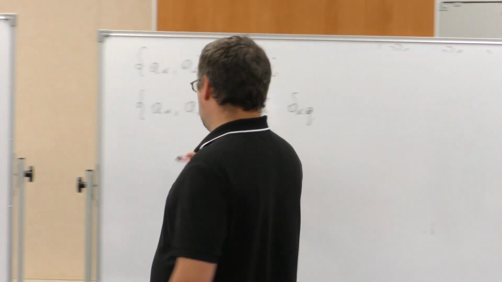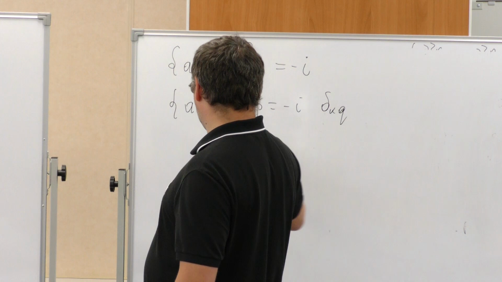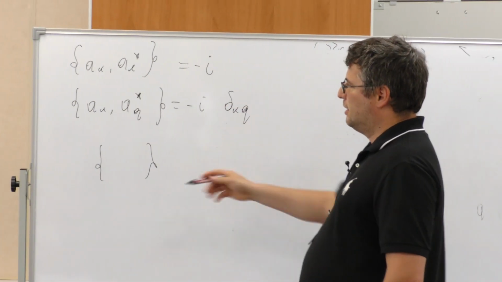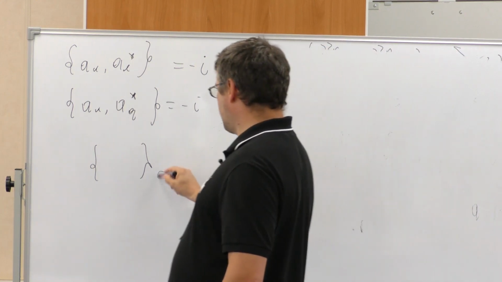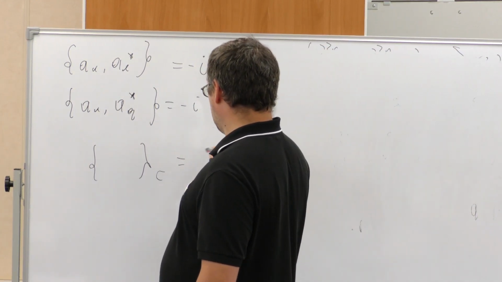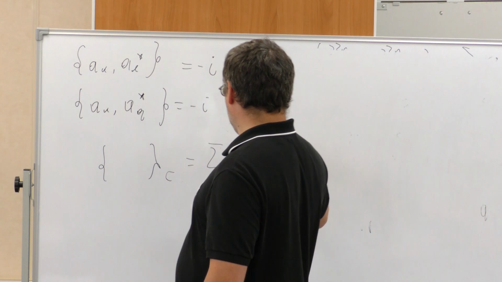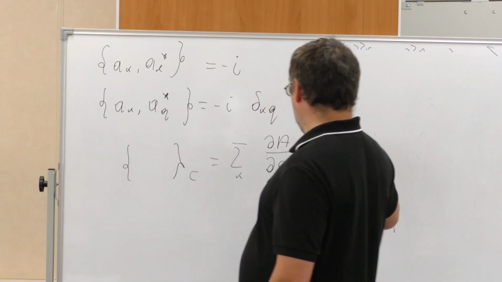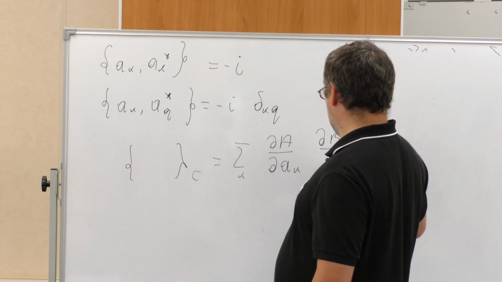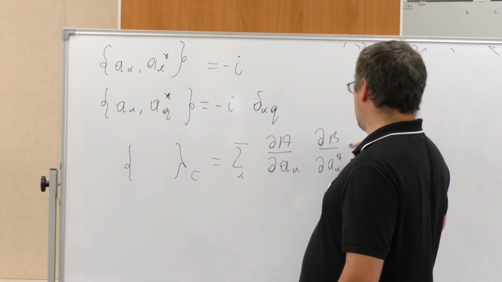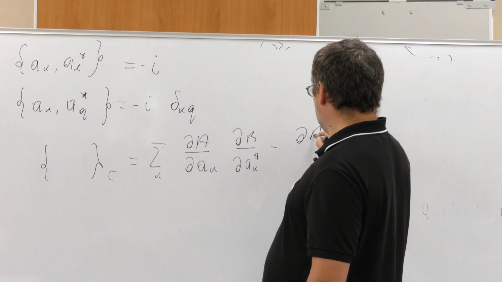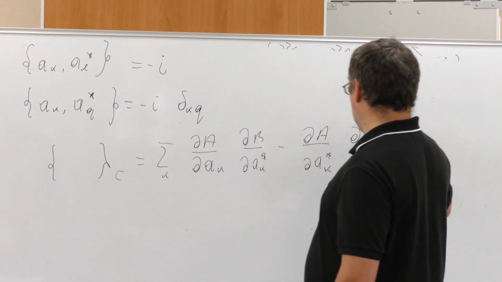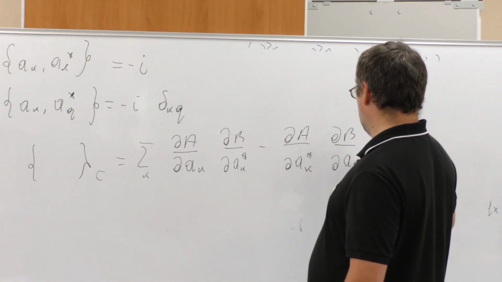Moreover, it's convenient to introduce coherent state Poisson brackets. It's coherent states, again, because if you take quantum limit, these are creation annihilation operators, which are related to coherent states. It's sum over k, dA over dA_k, dB over dA_k star. That's just a formal definition, minus dA over dA_k star, dB over dA_k.